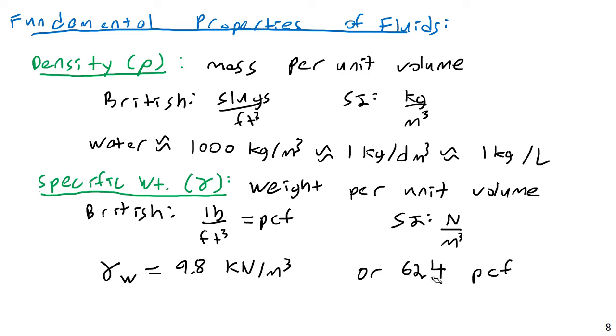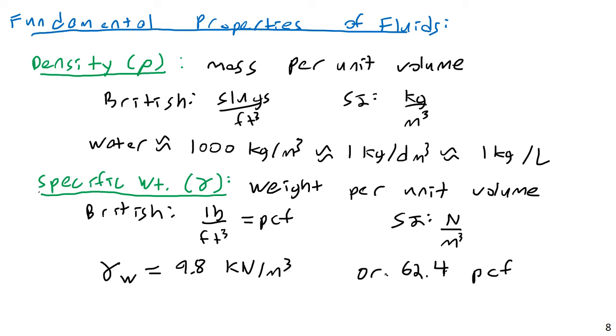Again, it's very easy to use the word density when you mean specific weight, but we will try as we go through this course to be very precise about using the appropriate label when referring to fluid properties.